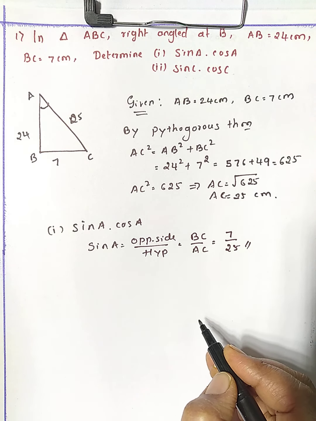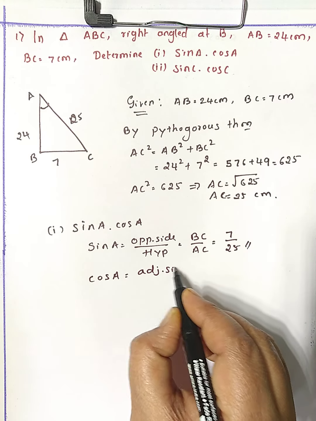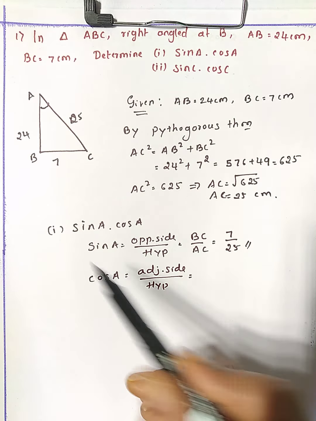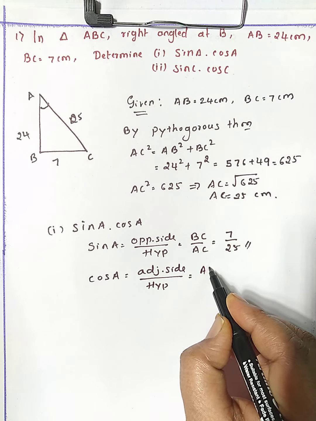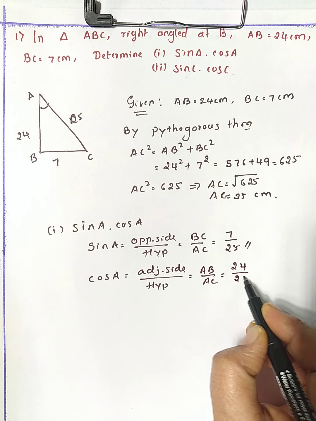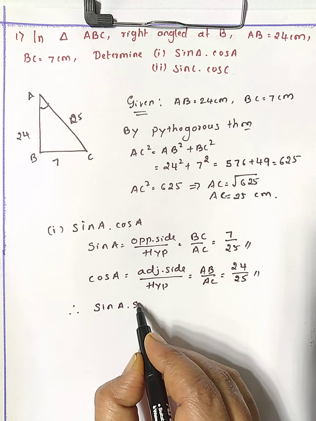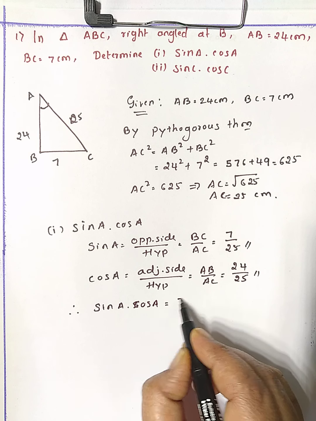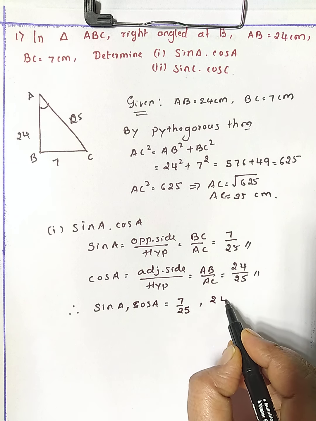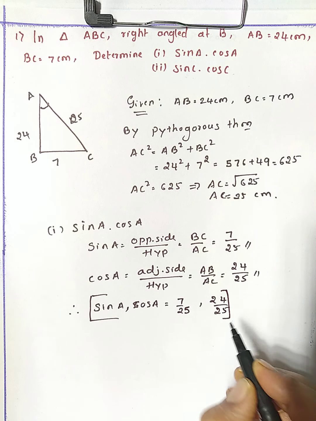So this is sin A. Then cos A. Cos A is adjacent side upon hypotenuse. Adjacent side for angle A is AB, AB upon AC. AB is 24 upon 25. So first answer is sin A and cos A equal to 7 by 25 and 24 by 25. This is the answer for the first question.